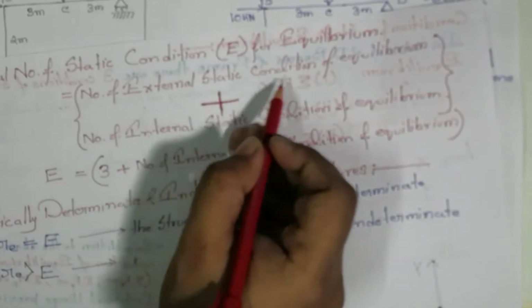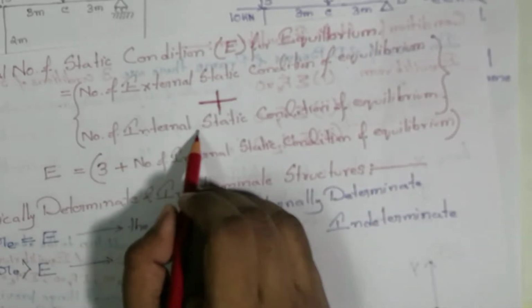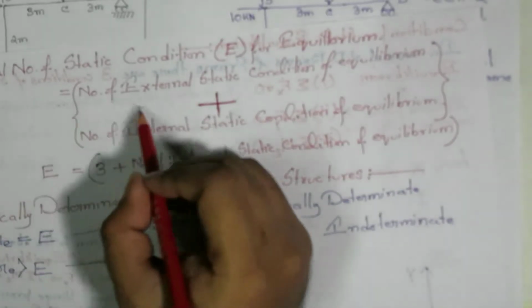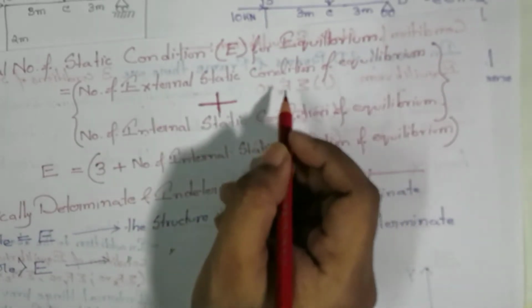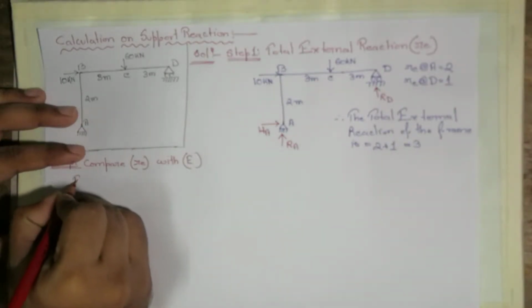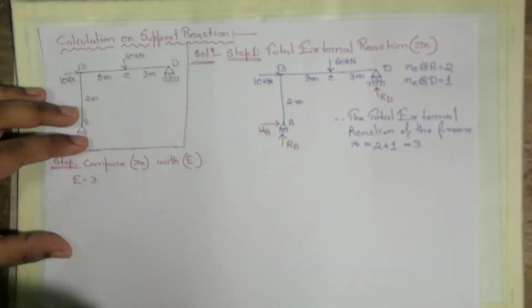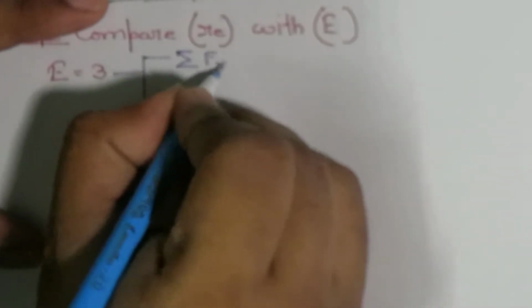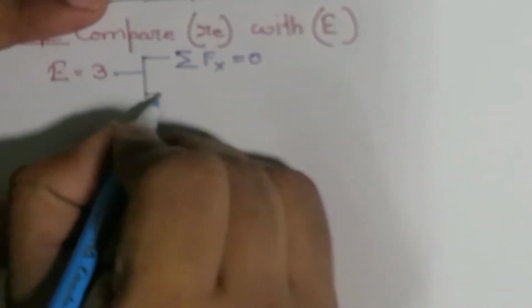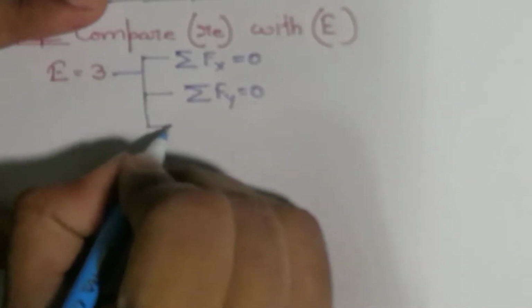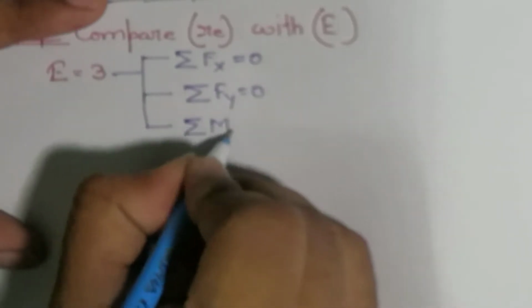It is the number of external static conditions of equilibrium plus the number of internal static conditions of equilibrium, that is presence of a hinge. So what is the number of external static conditions of equilibrium? It is 3. So we are going to write that E is equal to 3. Now what are those? Summation of Fx equal to 0, summation of Fy equal to 0, summation of Mz equal to 0.